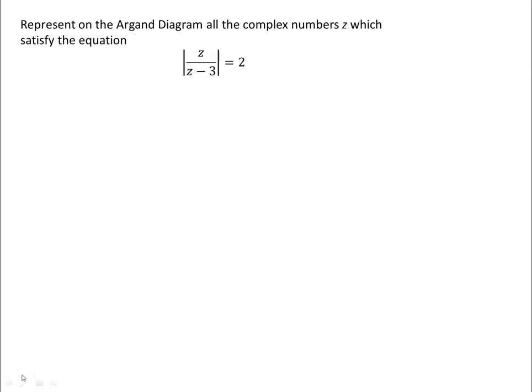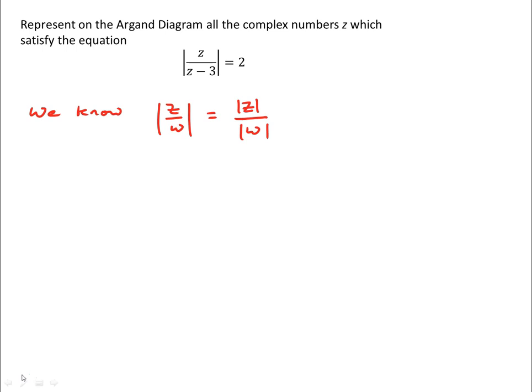Now for our next example, we want to show on the Argand diagram all of the complex numbers z which satisfy the equation the modulus of z divided by z minus 3 equals 2. At this stage it's quite important that we remember something from the previous video, and that is we know that the modulus of z over w is the same thing as the modulus of z divided by the modulus of w.